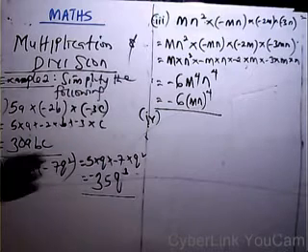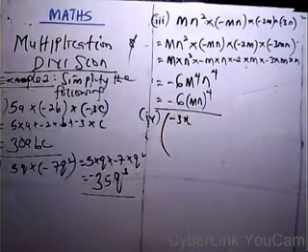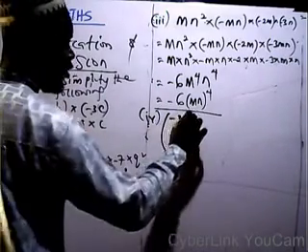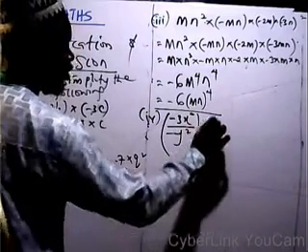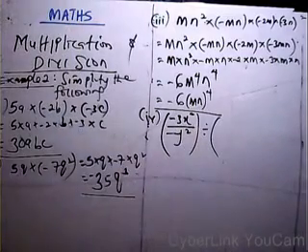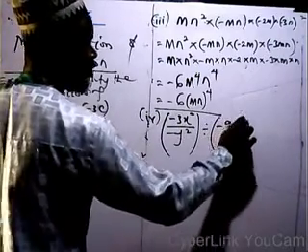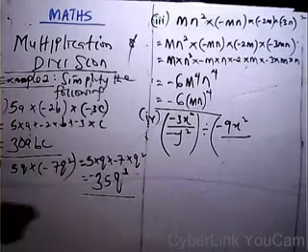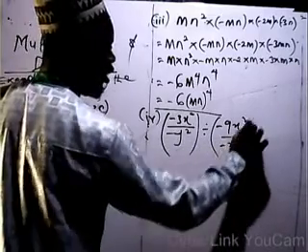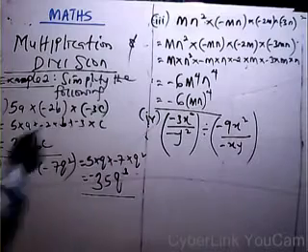So we have here, we're to simplify as well, minus 3x squared over minus y squared, divided by minus 9x squared divided by minus xy. So this is what we have, and we have to simplify this.